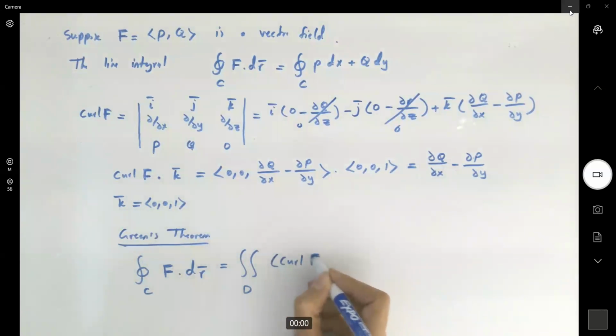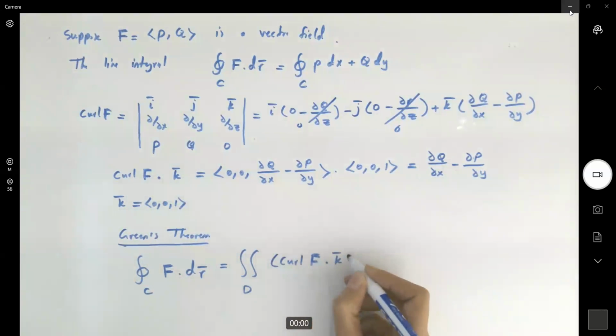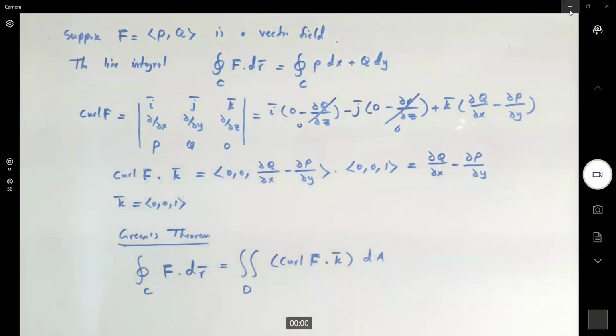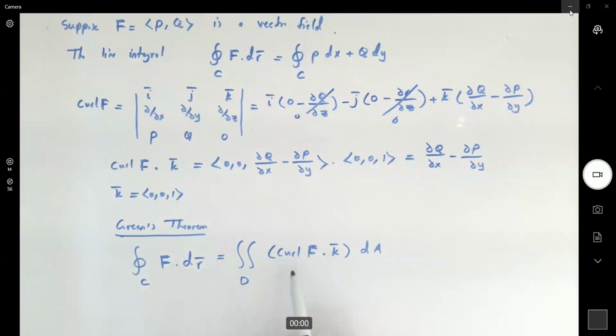Curl of F dot K dA. So converting Green's theorem using curl.